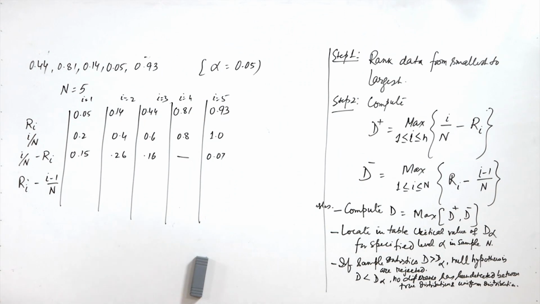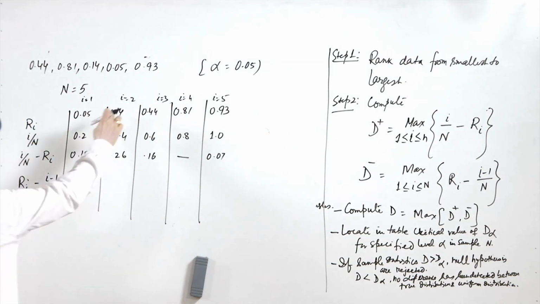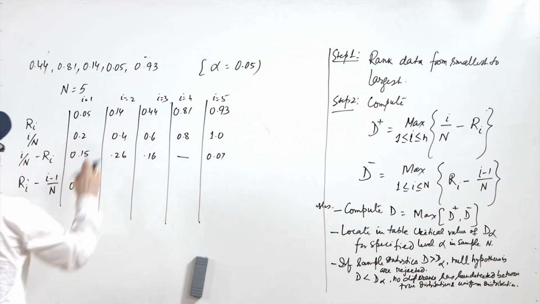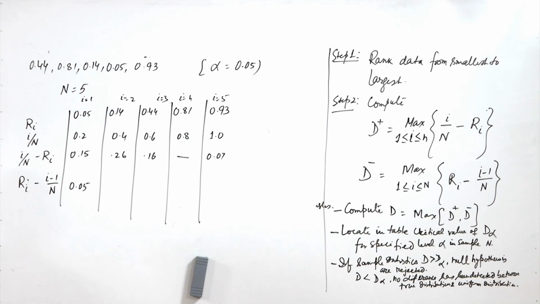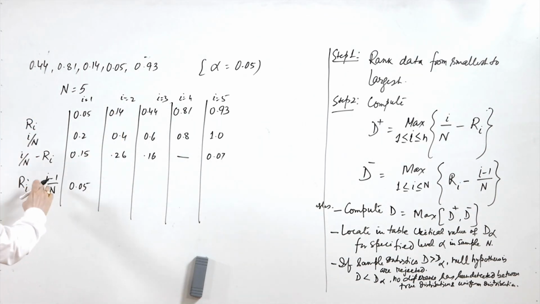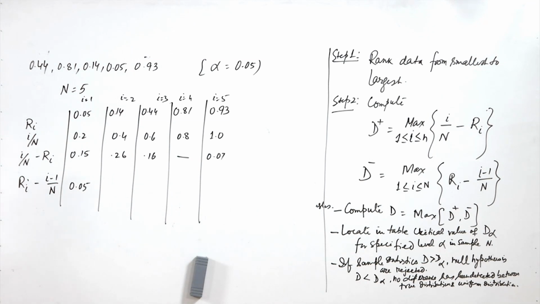Then Ri minus (i minus 1) upon n. So, Ri minus (i minus 1) upon n, so that will be 0.05. Now, i will be 2, so 0.14 minus (i minus 1), 2 minus 1, 1 by 5, that is 0.2.